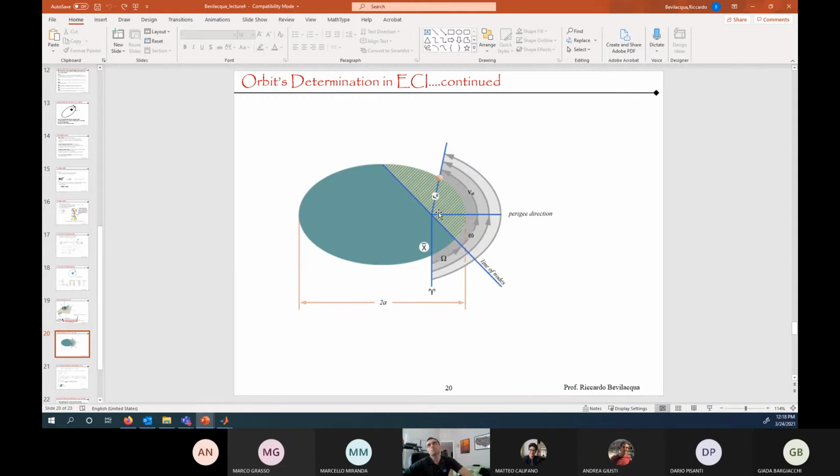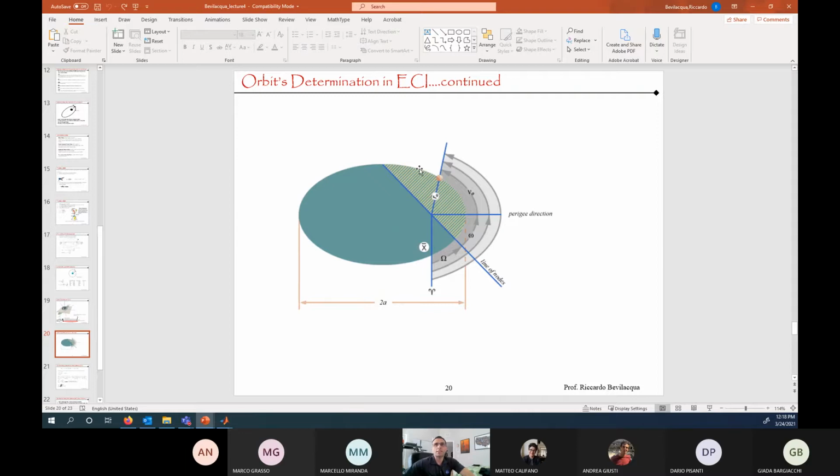So the perifocal or orbital reference would be the direction of the line of apsides, the normal to the orbital plane, and then the cross product of the two. So you would have a y-axis that is pointing up on this image.